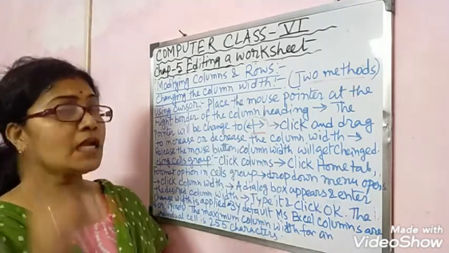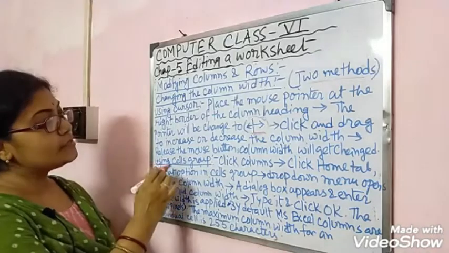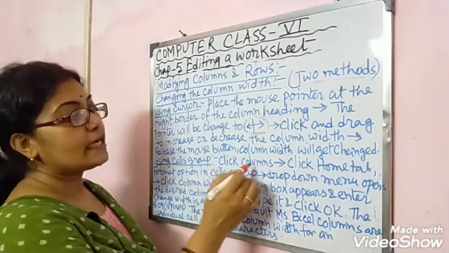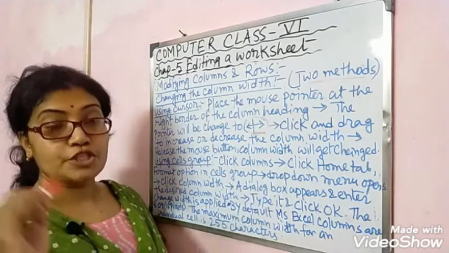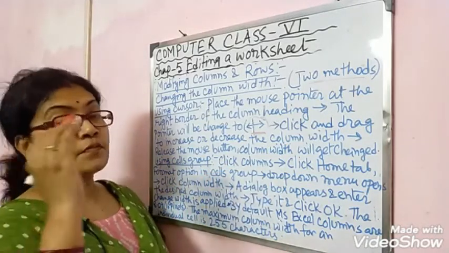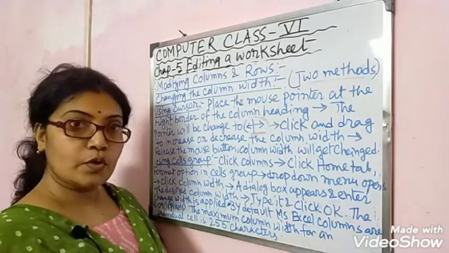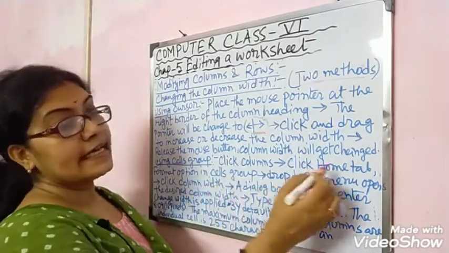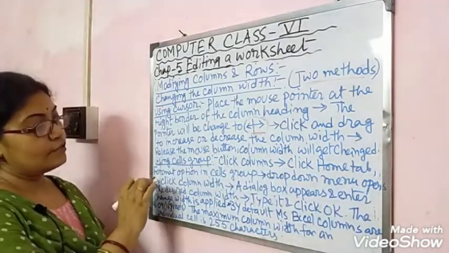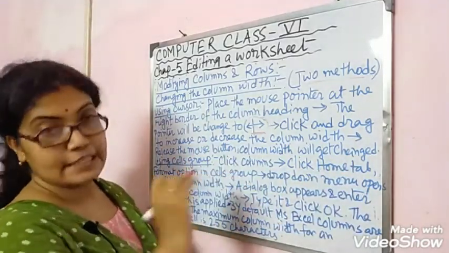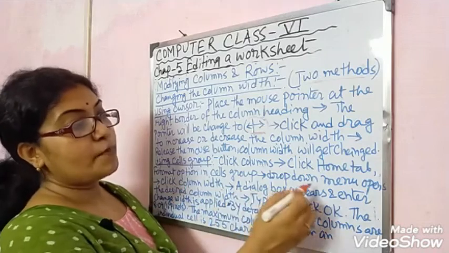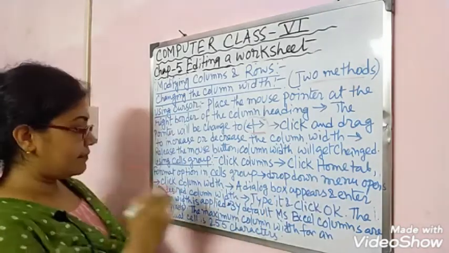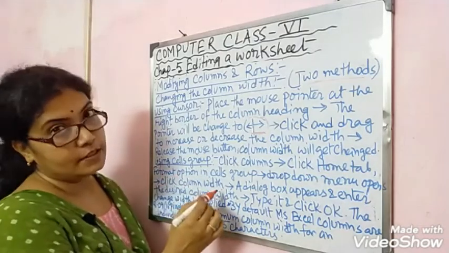Another method is using the Cells group. Select the columns whose width you want to increase or decrease. First select them, then click the Home tab, then Format options in the Cells group. A drop down menu opens in front of you. Then click Column Width.